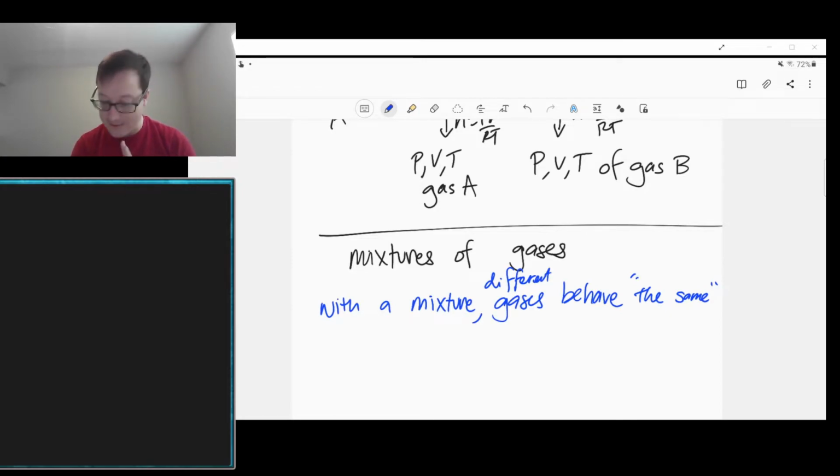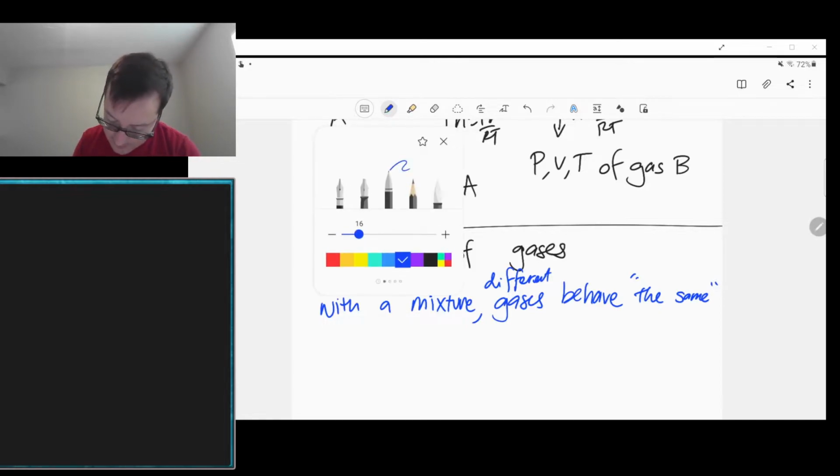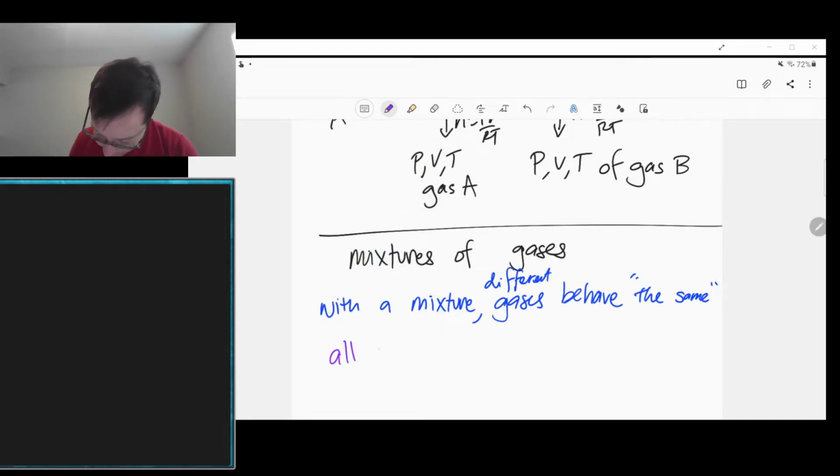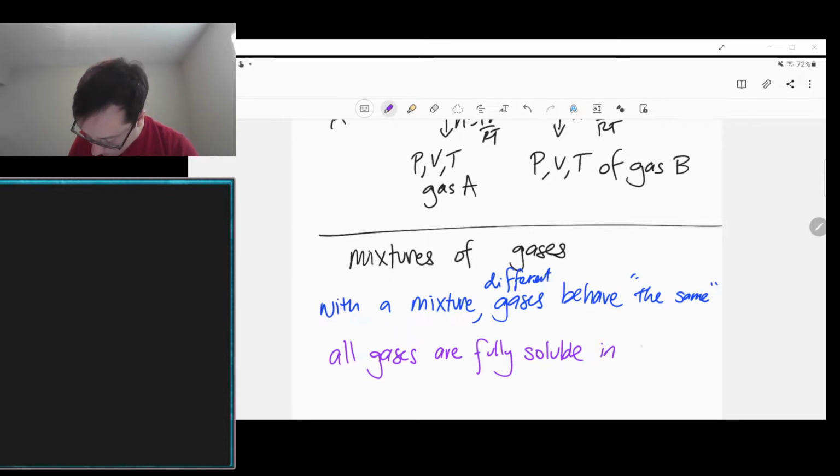And all gases are soluble in all other gases. That's the other part of this. So methane and oxygen, you can put them together. They're not going to not dissolve or something. Because they're so far apart, they're not going to interact anyway. So all gas mixtures will be completely homogeneous if we have them in a container for a long enough time.